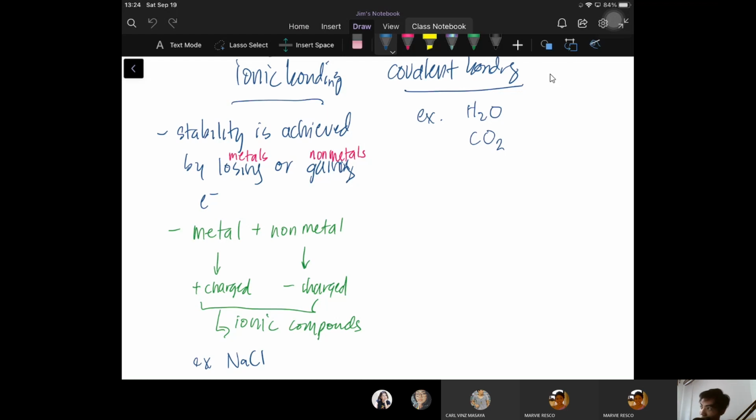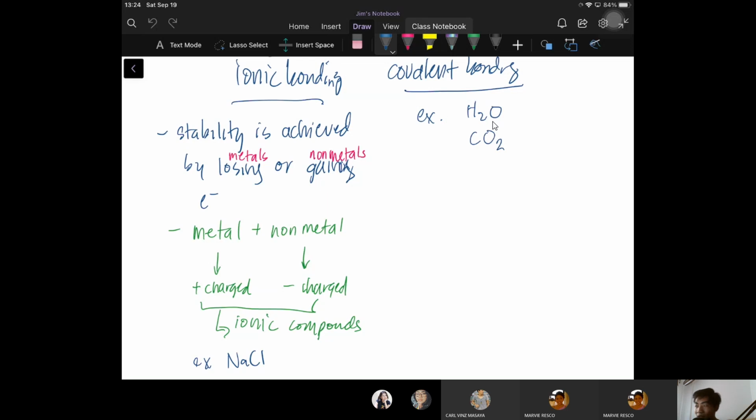Paano ka makakagawa ng formula? Paano ka magagawa ng molecule na parehas non-metal yan? Napaisip si Gilbert Lewis, sabi niya, paano kaya nangyari yon, no? Hindi naman niya ma-deny na hindi nag-e-exist yung molecule kasi yung tubig iniinom natin yan, yung carbon dioxide hinihinga natin yan, 'di ba? So ito yung explanation ni Gilbert Lewis.